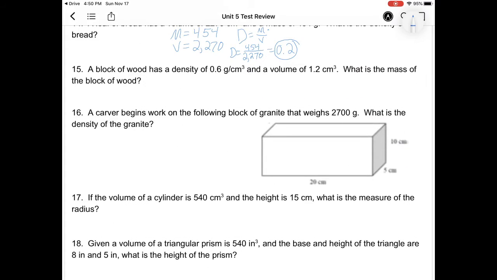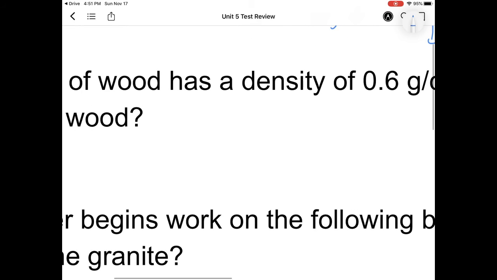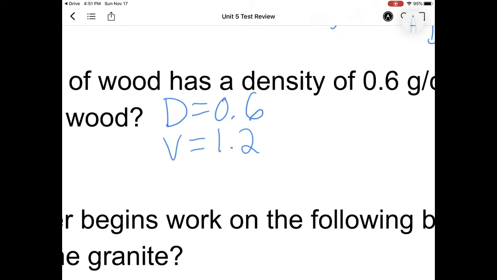Now for the second one. A block of wood has a density of 0.6 grams per cubic centimeter and a volume of 1.2 cubic centimeters. What is the mass of the block of wood? So your D equals 0.6 and your volume, or your V, equals 1.2.